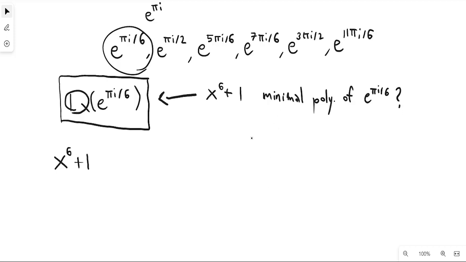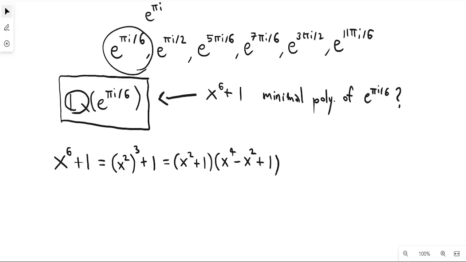And the answer is no, but the reason for that is because this factors, right? So this factors as x squared plus 1 times x to the 4th minus x squared plus 1.